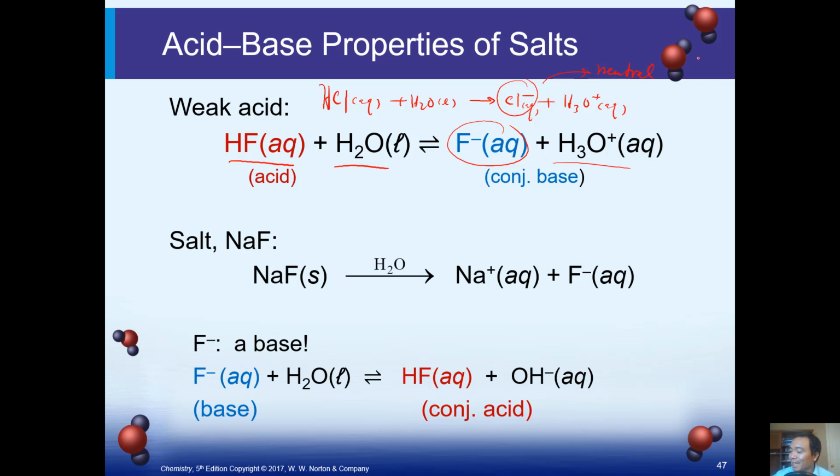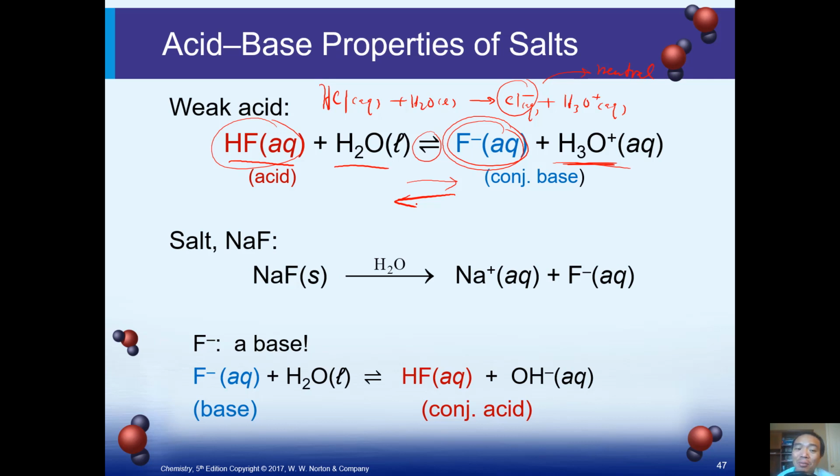However, in the case of HF, you look at the arrow because you have an equilibrium that is established. When you go to the right side, the F minus does have the ability to pick up one proton and go back. So F minus has a little bit stronger basicity than Cl minus because the conjugate acid HF is weaker than HCl.